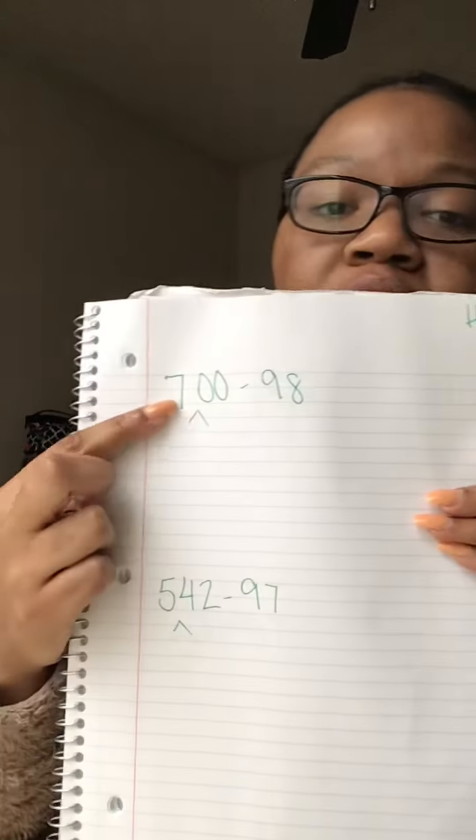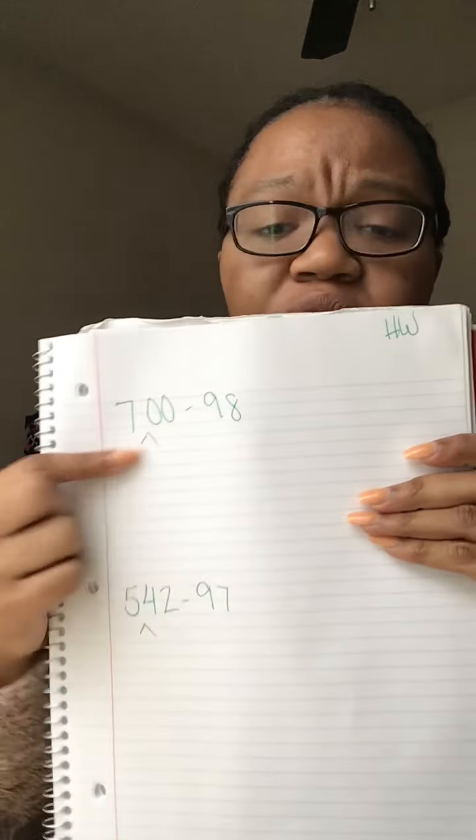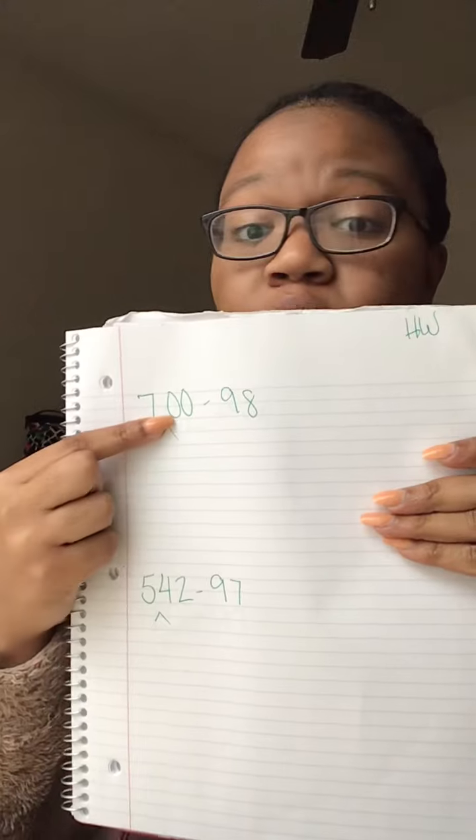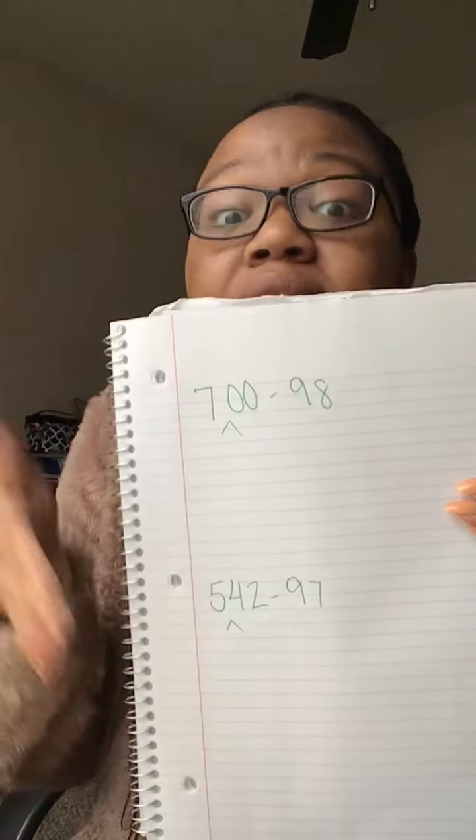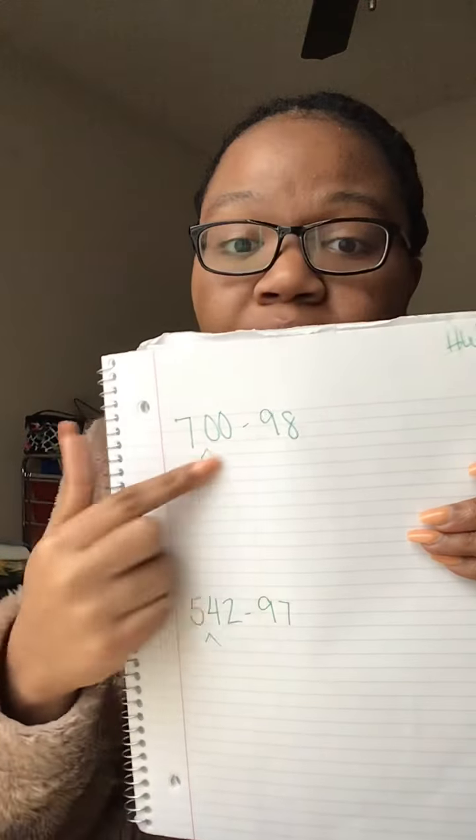Okay, so 700 minus 98. Remember, we are taking apart the hundreds to subtract, okay? Just how I set this up, 700 minus 98, we just write it out just like this. And remember, we're going to break down that 700 so it can be easier for us to subtract 98.